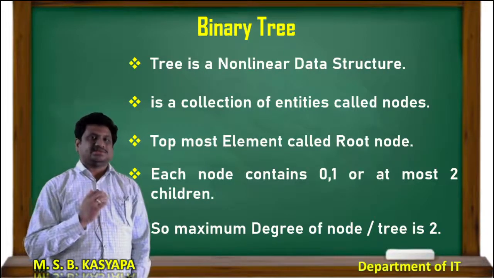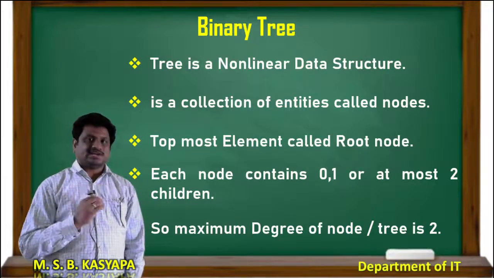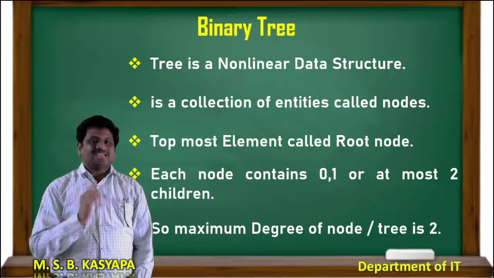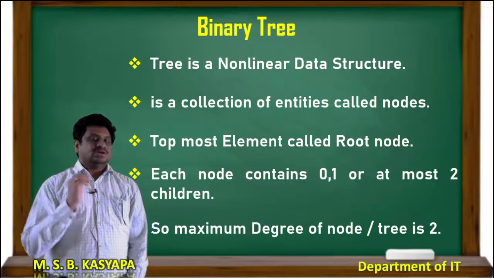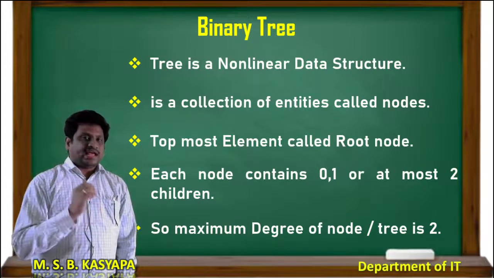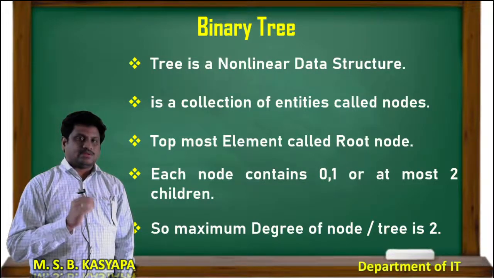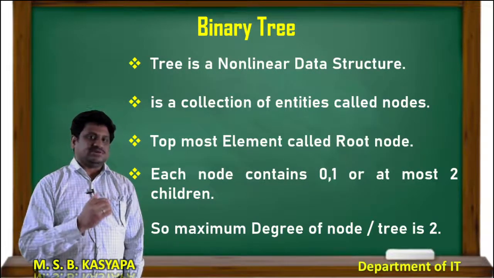So what are the restrictions? See, a binary tree is also a data structure, a non-linear data structure. It is a collection of entities, where each and every entity is called a node, and every tree contains one root element. Up to that it is the same as a general tree.